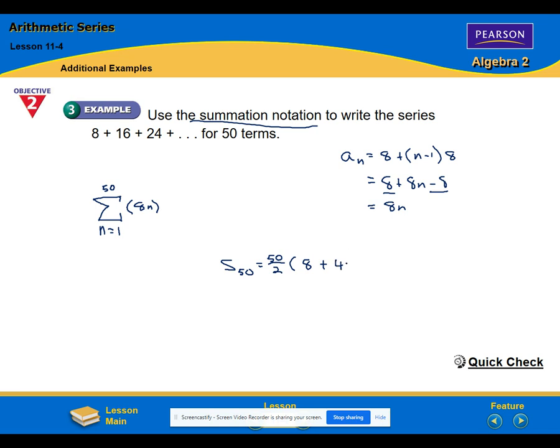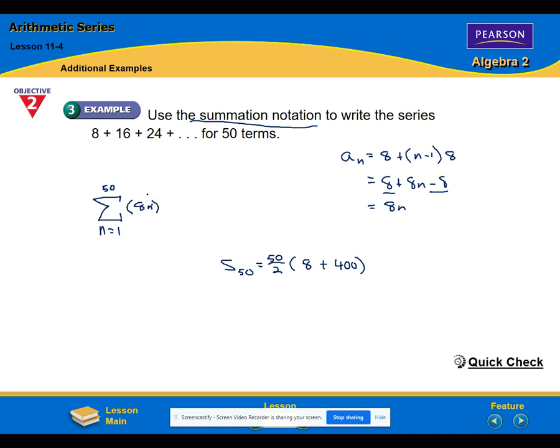Did you say 400? 50, when I plug 50 in, right? But to do this related series, 8, 16, 24, those numbers are coming when you plug in 1 and then 2 and then 3 for n, right? 8 times 1 is 8. 8 times 2 is 16. 8 times 3 is 24. Well, 8 times 50, the last term, 8 times 50 is 400.